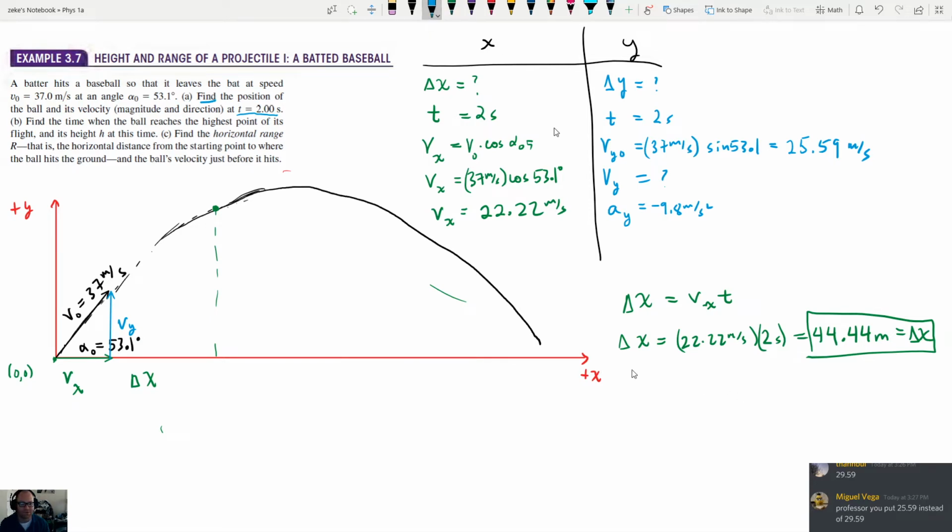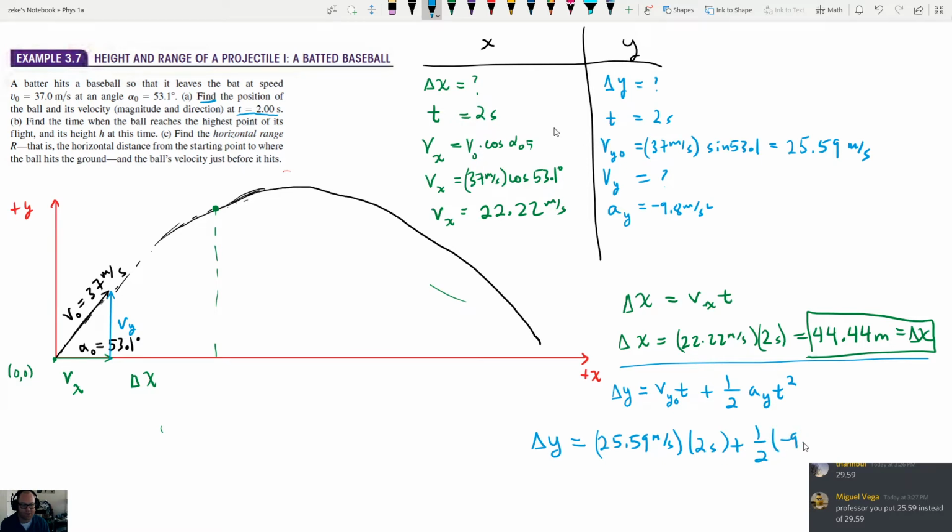The next thing we want to do is to solve for what's going on in the y direction. So we use the other equation, which is delta y is equal to Vy initial times t plus 1/2 acceleration in the y direction times t squared. Plug in all of our numbers. We're just solving for delta y, so delta y is equal to Vy initial, which was 29.59, multiplied by t, which is 2 seconds, plus 1/2, negative 9.8.